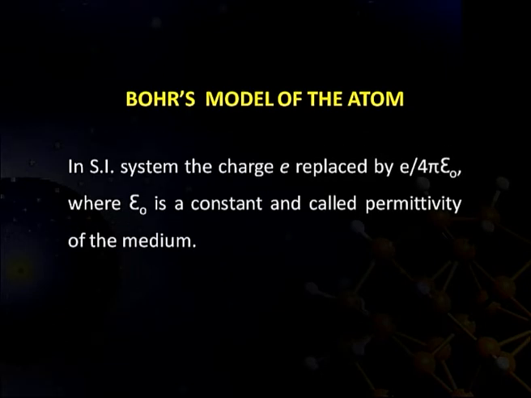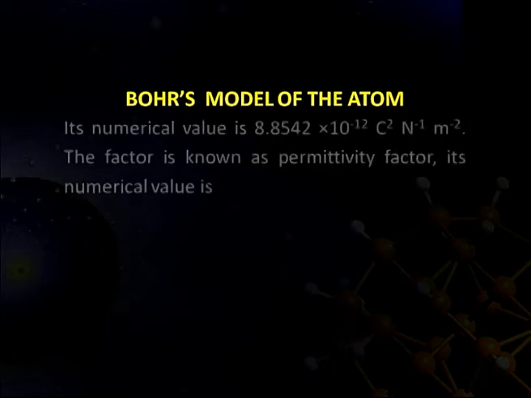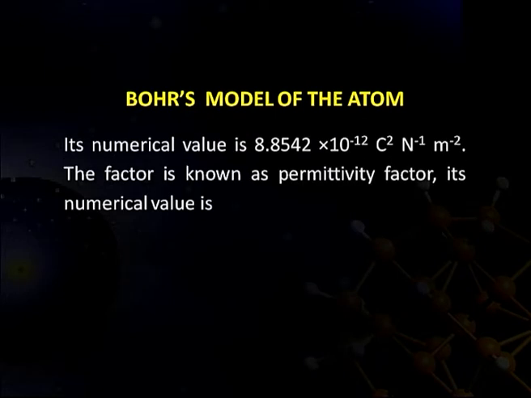In the SI system, the charge e is replaced by e upon √(4πε0), where ε0 is a constant called the permittivity of the medium. Its numerical value is 8.8542 × 10⁻¹² coulomb² per newton per meter squared. The factor 4πε0 is known as the permittivity factor.